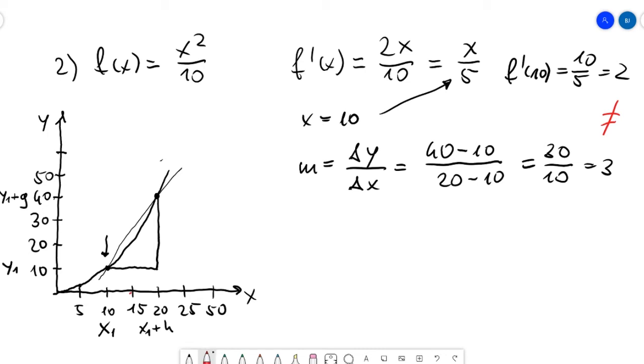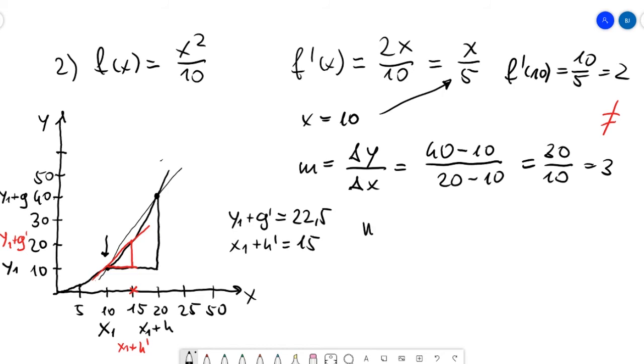Maybe at 15, we go here and look at this line. So we have x1 plus h, and here we have y1 plus g. Let's see what this gives us. First we have to look for the value of y1 plus g, which is 22.5, and x1 plus h is 15.